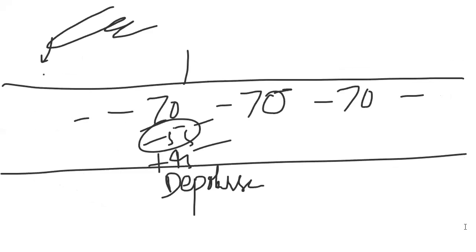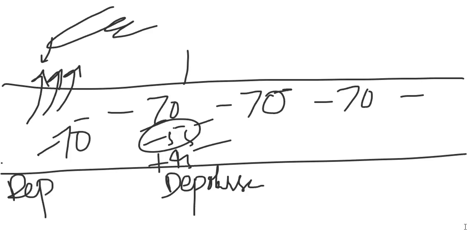For that, efflux of potassium ions will be helpful. That brings plus 45 back to minus 70. What do we call it? Repolarization. But there is a problem with repolarization.